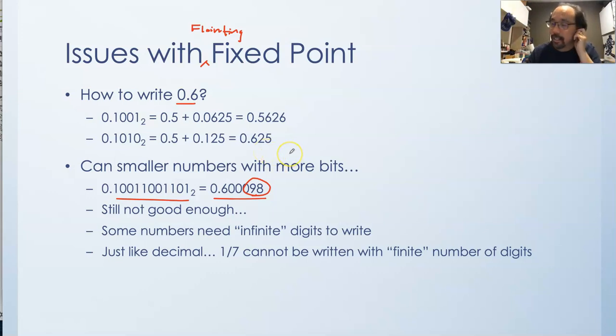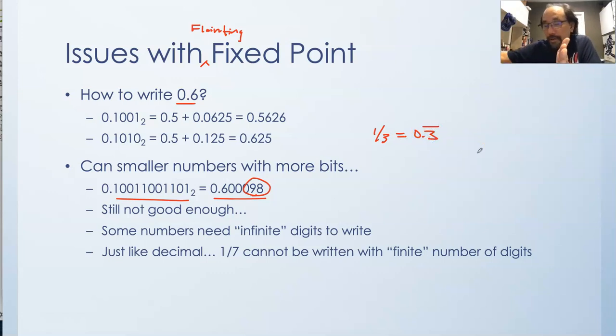And this is a very important point. Just like with decimal values, there are some fractional values that cannot be represented with a finite number of decimals. If I have 1/3, for example, in the decimal world, that's written like this.